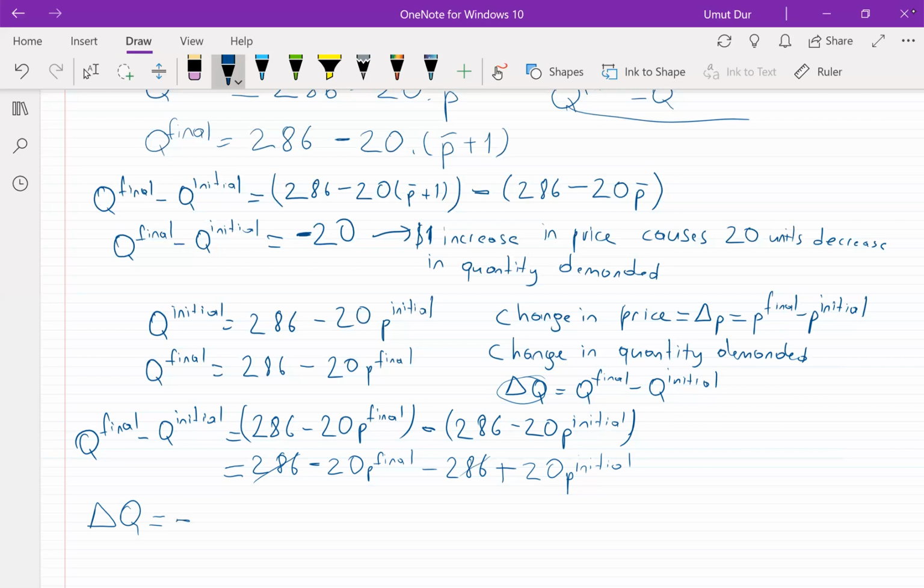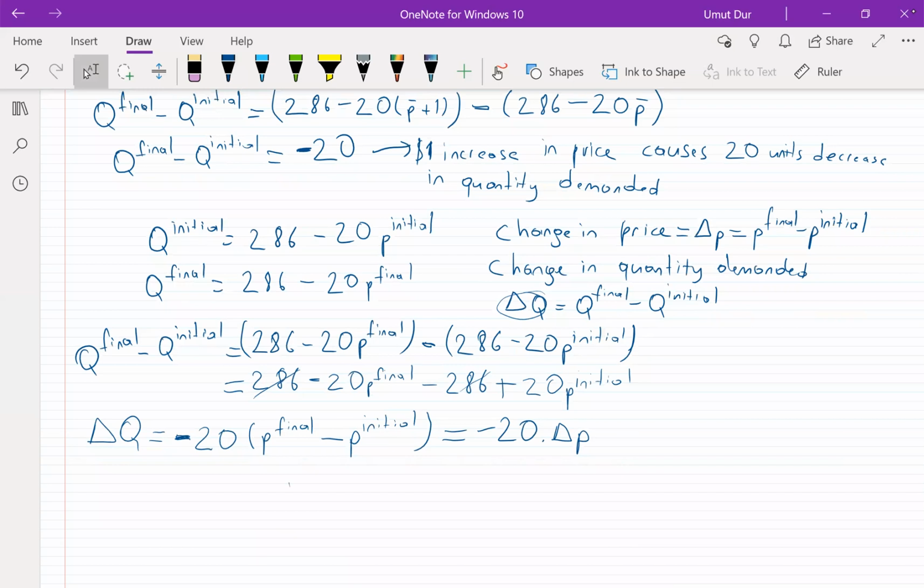Then I have minus 20, I'm taking it out in parentheses, P final minus P initial, which is minus 20 times delta P. So basically, what does this equation tell us? Let me write it here.